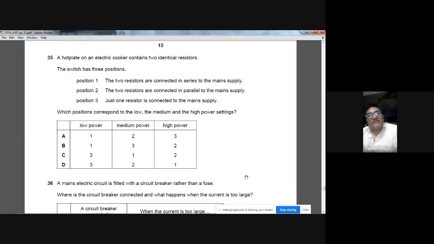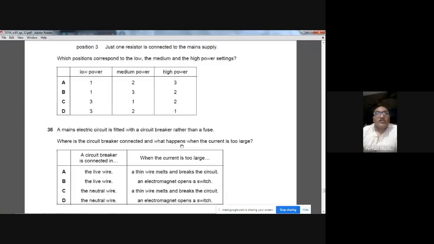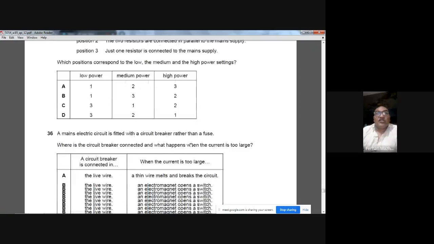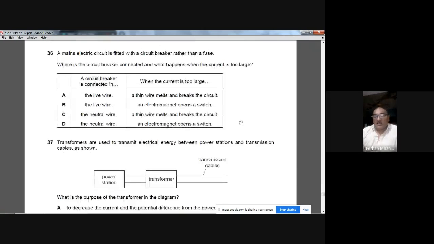So because they have the larger value of the voltage drop, I think when they are connected in parallel, they will have more power. So the option is B. It's a tricky question, not an easy one. Question number 36. 35 was B.